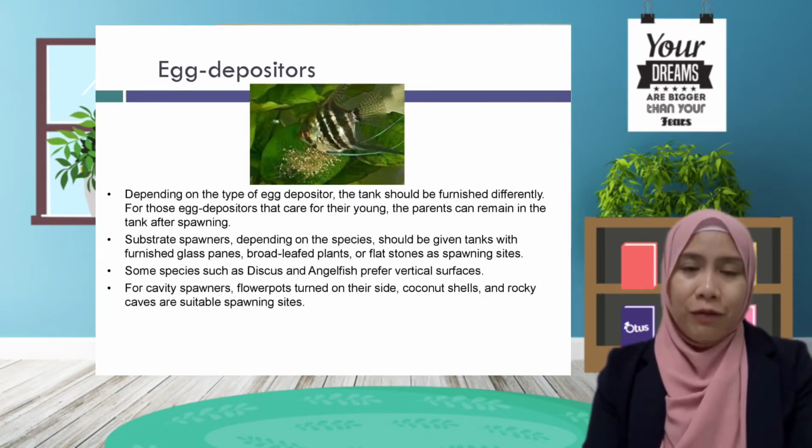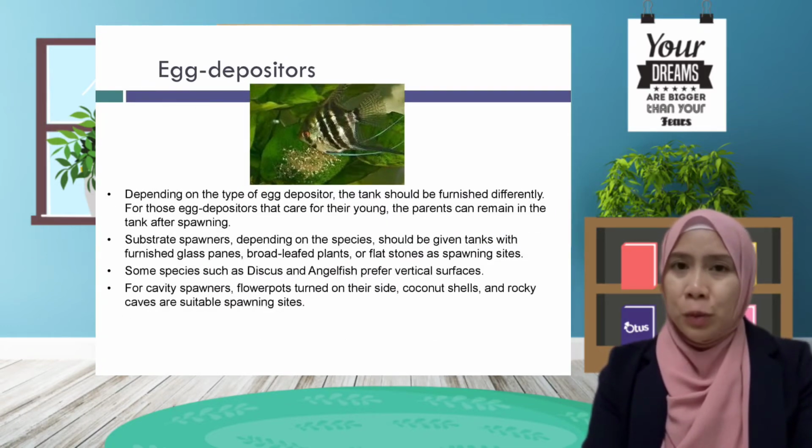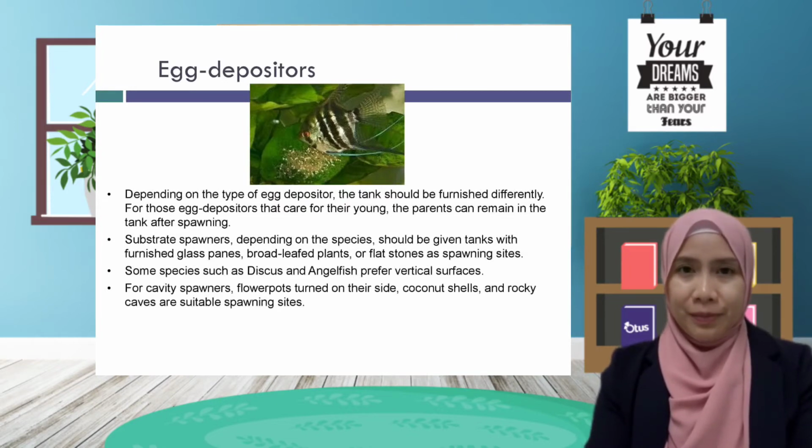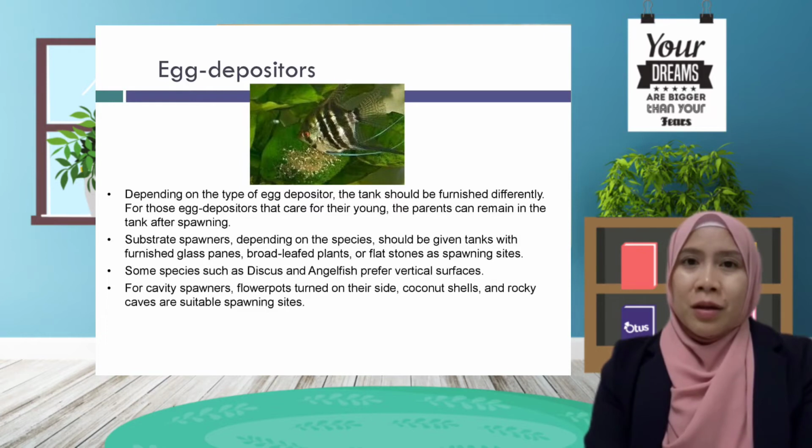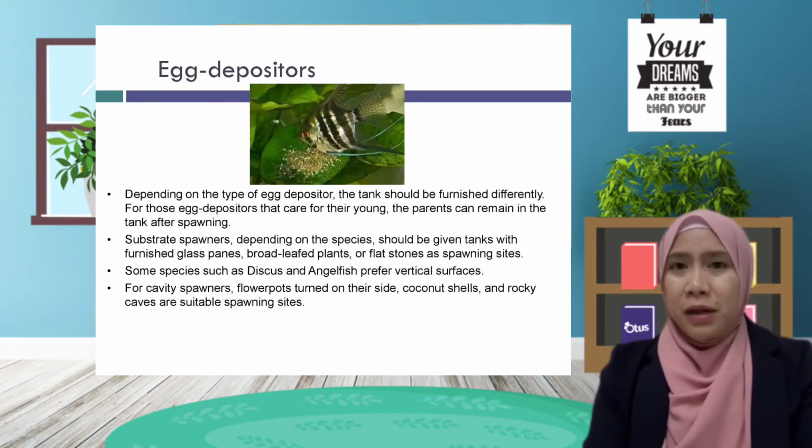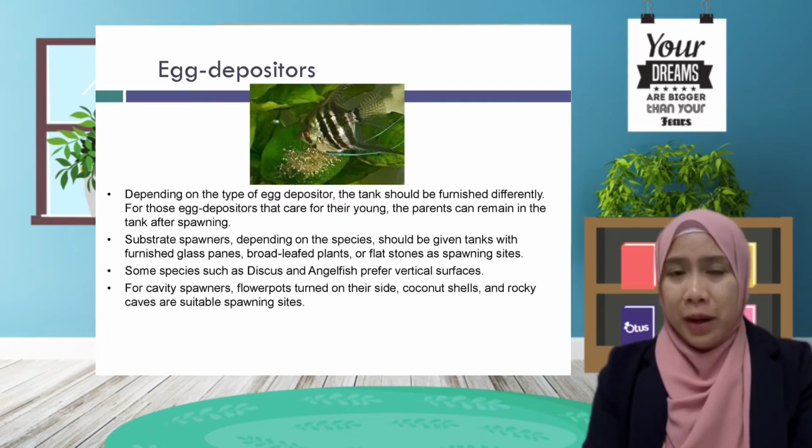Depending on the type of egg depositor, the tank should be furnished differently. For those egg depositors that care for their young, the parents can remain in the tank after spawning. For substrate spawners, depending on the species, tanks should be furnished with glass panes, broadleaf plants, or flat stone as spawning sites.